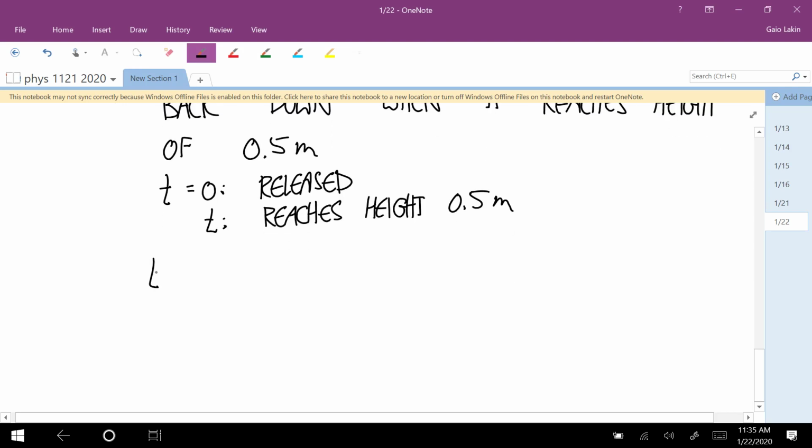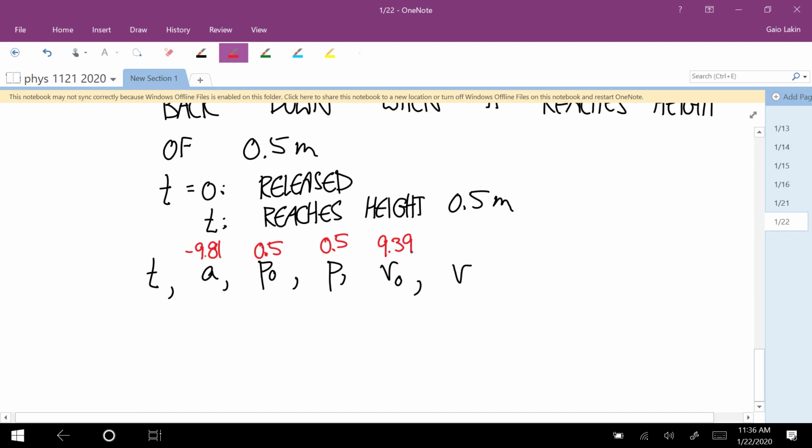And so our variables are t, a, p0, p, v0, and v. The acceleration is negative 9.81. The initial position is 0.5. The position at time t is 0.5. The initial velocity is what we calculated before, 9.39. And then we're looking for this v.